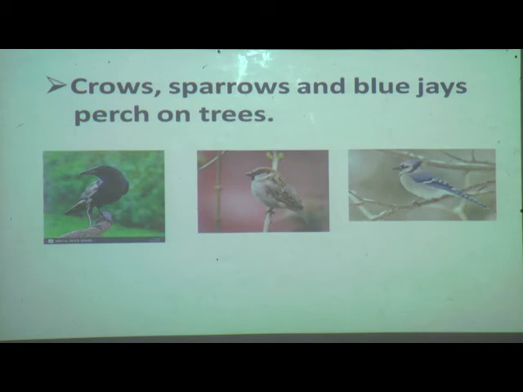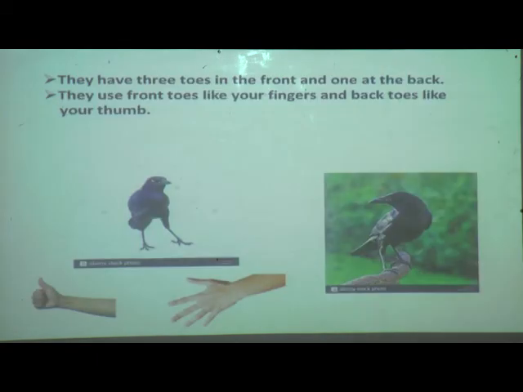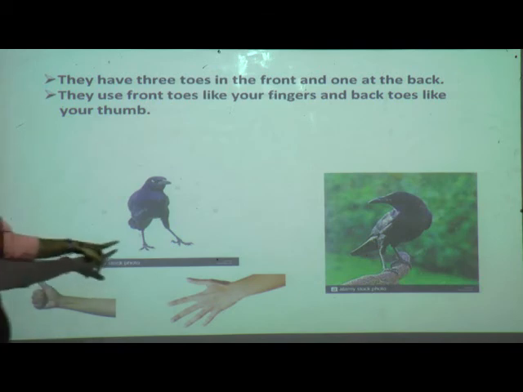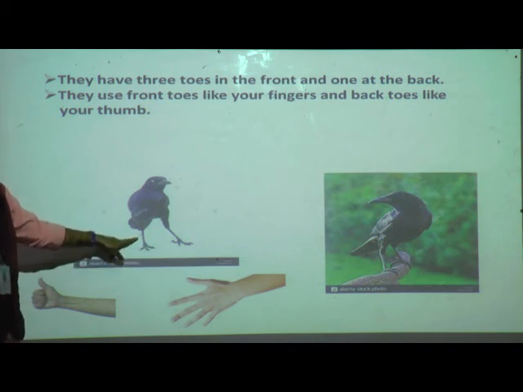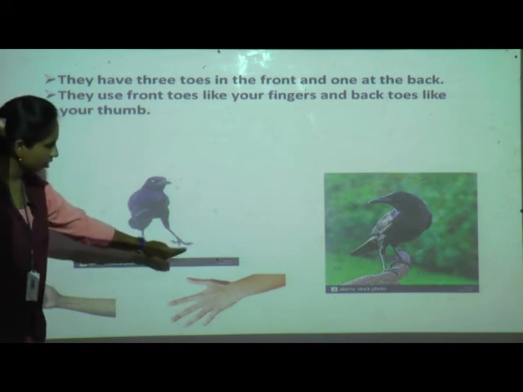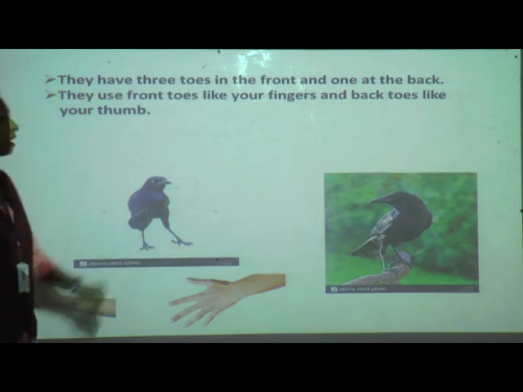If they want to sit on the branch, they will use their feet, and they have three toes in the front and 1 at the back to hold on to the branches tightly and sit or perch on the tree branches. Now see here, I am showing the picture of a crow. See here, the crow has 3 toes in the front and 1 at the back. Can you see here? 3 on the front and 1 at the back.